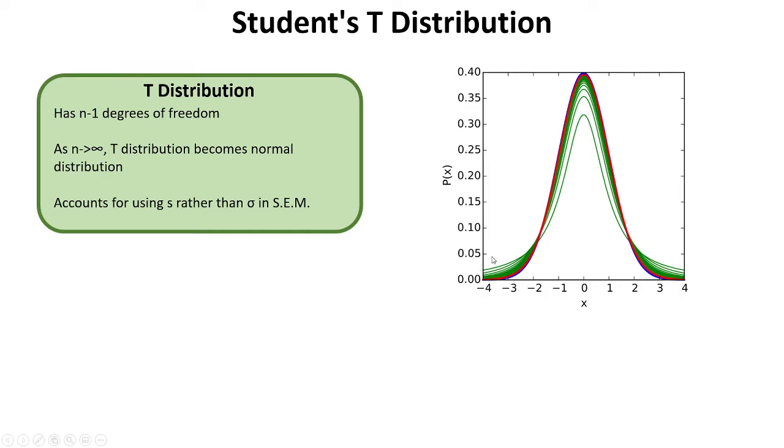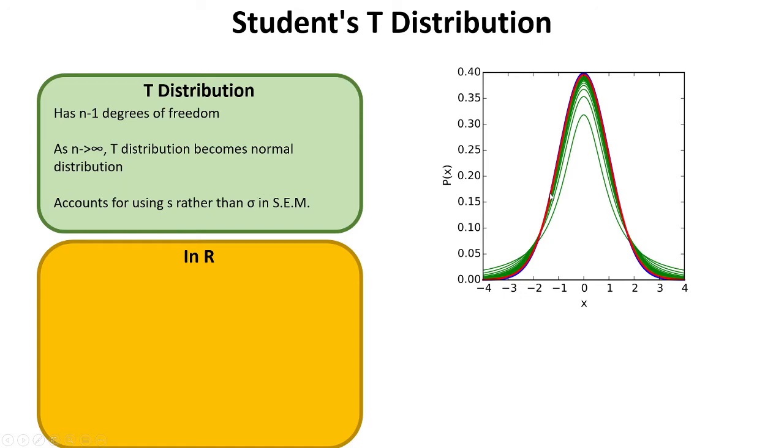But as the degrees of freedom increase, trending towards infinity, these tails get smaller, and it starts to match more and more just the normal distribution. So again, this accounts for the fact that we don't know the true population variance most of the time, and we're using the statistic S instead of the parameter sigma.